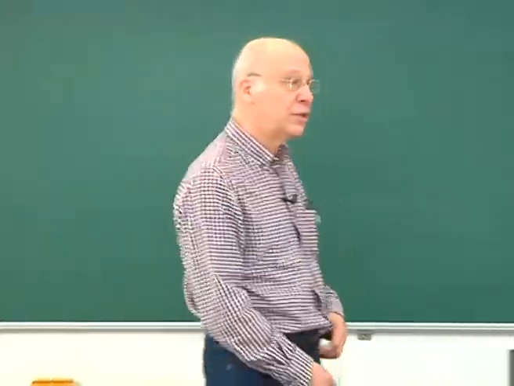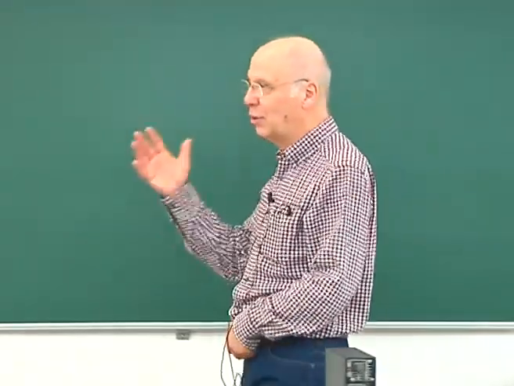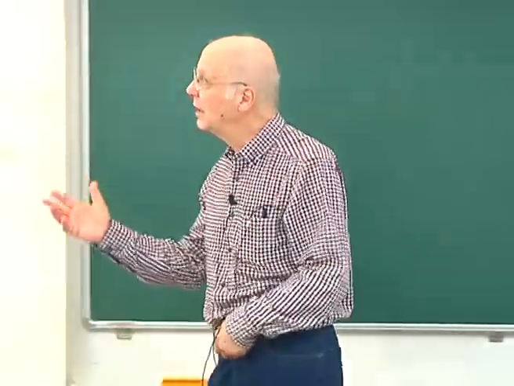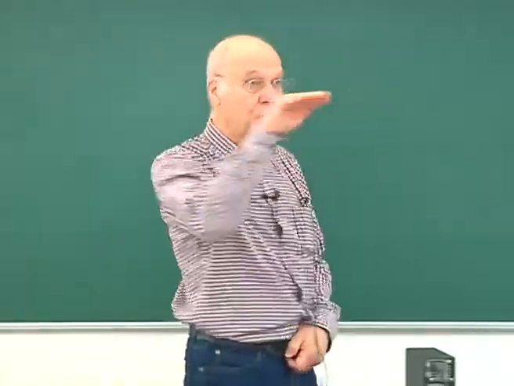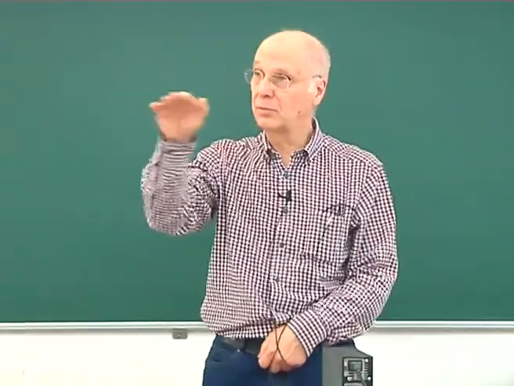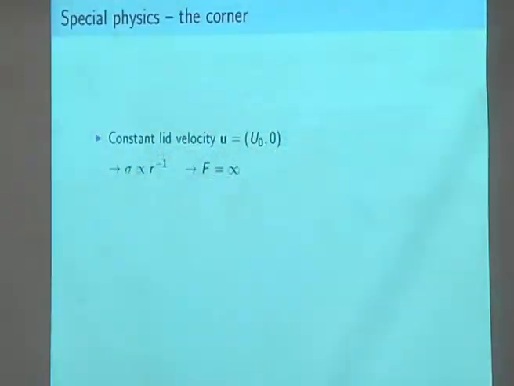So we're not quite finished with this preliminary thinking about what's going on in the equation we'd like to solve. There is the issue of the velocity that we prescribe along the top. Why don't I want to have a constant velocity on the top? If you have a constant velocity on the top, then near the corner, the pressure and the viscous stress are inversely proportional to the distance from the corner.